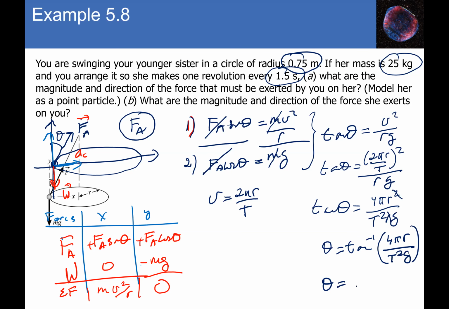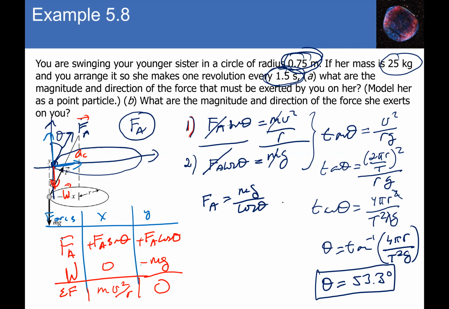Plug in 0.75 for r and 1.5 for the period T, and we get 53.3 degrees. Now that I have theta, I can come back and solve for F. So for example, F of A equals mg over cosine of theta, using equation 2.